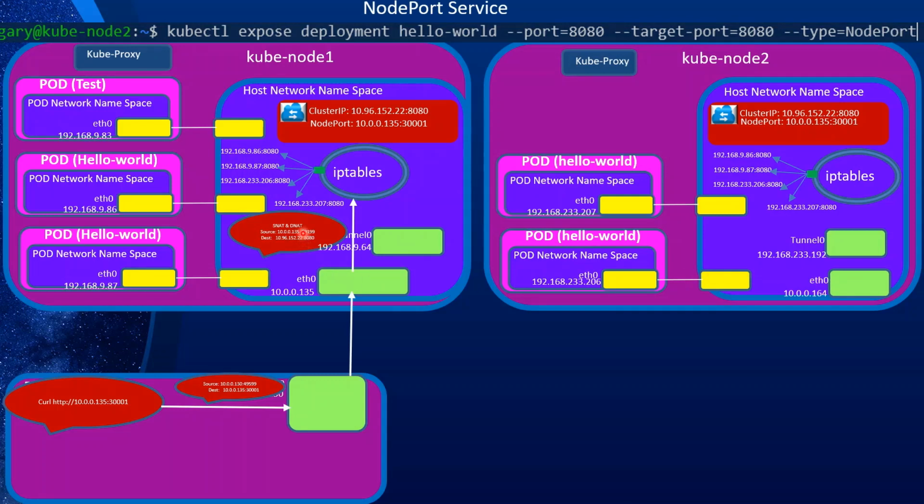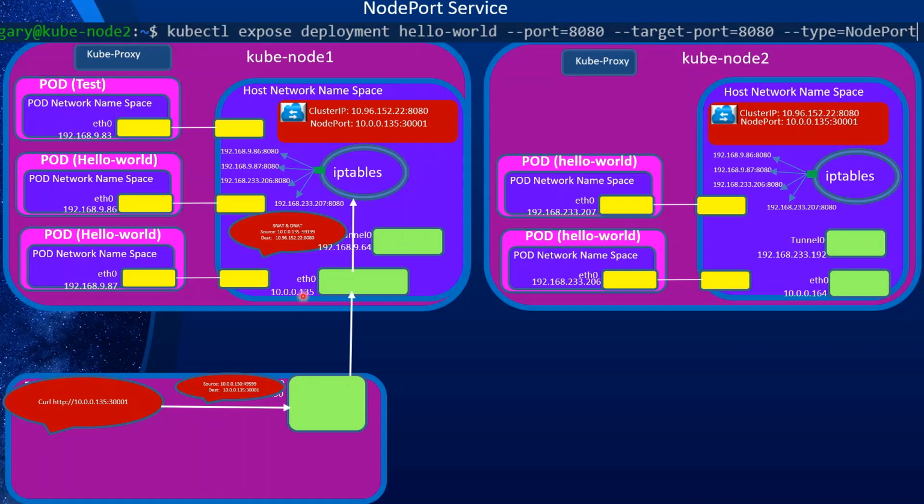If it doesn't change the source IP, when the results come back to this server, it will see the IP address of the responding pod's server rather than this one. And because this service is still in session and expecting to hear from 10.0.0.135, but instead it hears from 10.0.0.164, it rejects that. So to get around that, it does NAT for both the source and the destination.